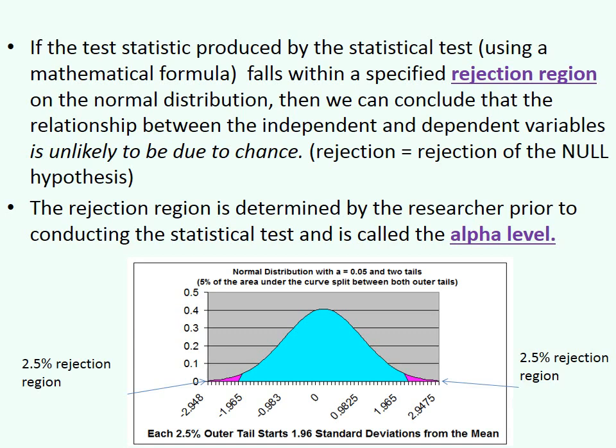The rejection region is determined by the researcher prior to conducting the statistical test and is called the alpha level. In the social sciences, the maximum alpha level, or in other words, rejection region on the normal distribution, is usually 5%, which is usually split in half to be 2.5% on either side of the normal distribution.